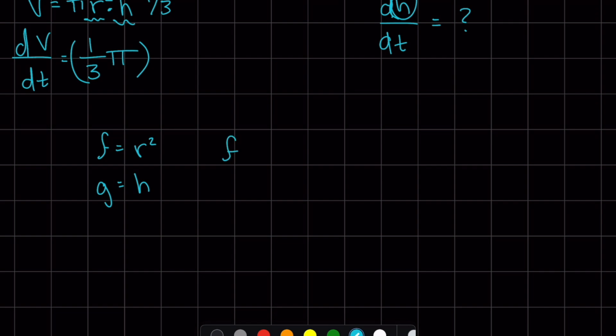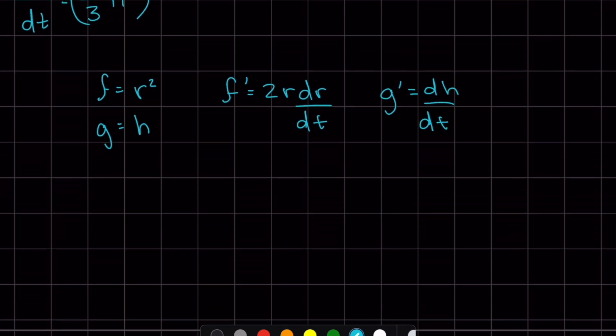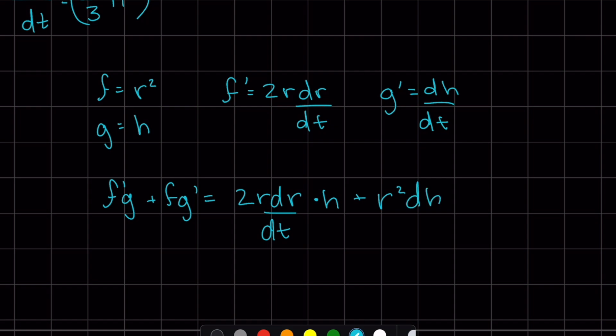Therefore, f prime equals 2r dr over dt, and g prime is just going to equal dh over dt. Substituting that in to f prime g plus f g prime, I'm going to get 2r dr over dt times h plus r squared times dh over dt.